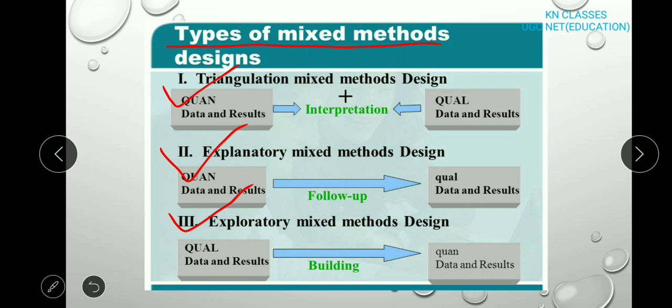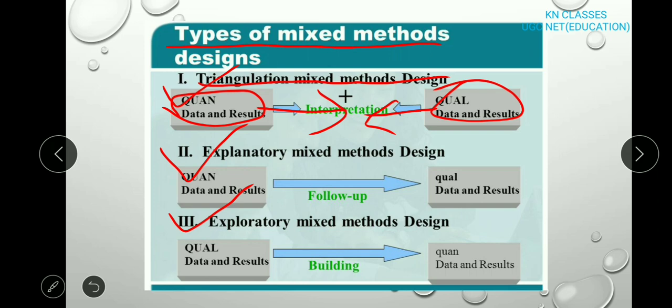So what is triangulation mixed method research design? In triangulation, both quantitative and qualitative data are collected simultaneously and analyzed.